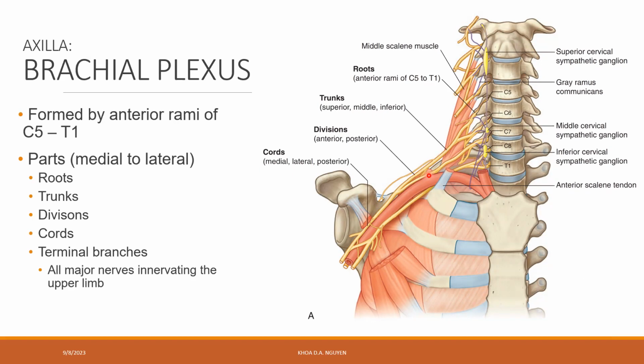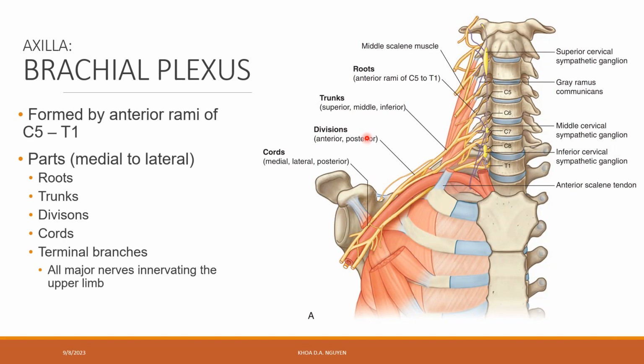The anterior divisions innervate the anterior compartments of the upper limb, for example the anterior arm, the anterior forearm, as well as the majority of the hand. The posterior divisions innervate mostly the posterior compartments of the upper limb, which are the posterior arm, as well as the posterior forearm, as we will see in subsequent lessons.